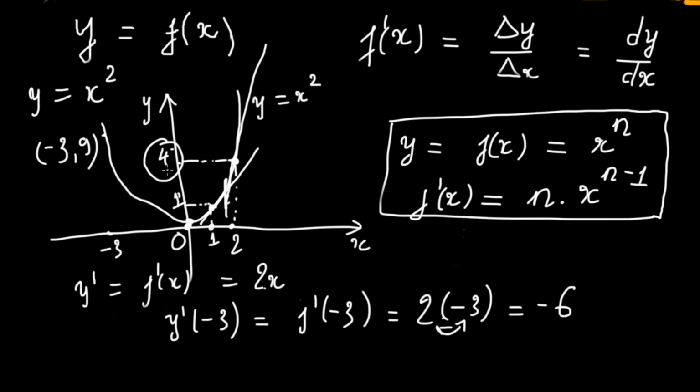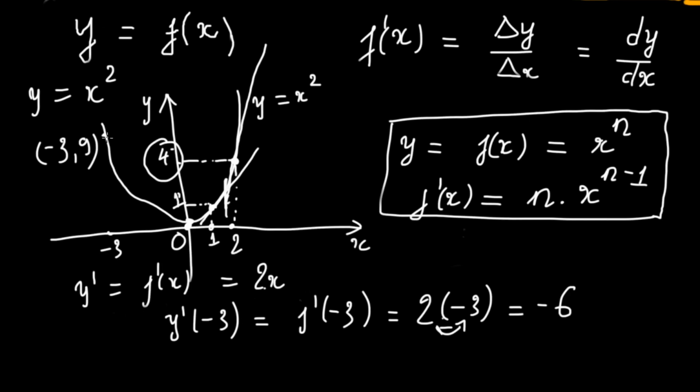So what is negative 6 here supposed to do with our point right here? Negative 6 here is the slope of the tangent line of the function y equal x squared at this point. Which means if you draw the line that touches the function y equal x squared at this point, it will have the slope equal negative 6.